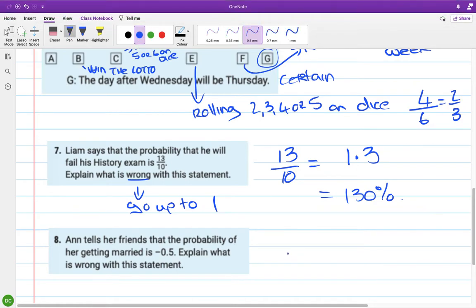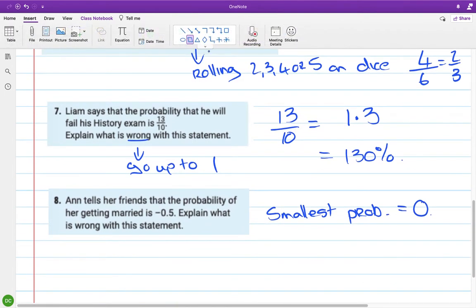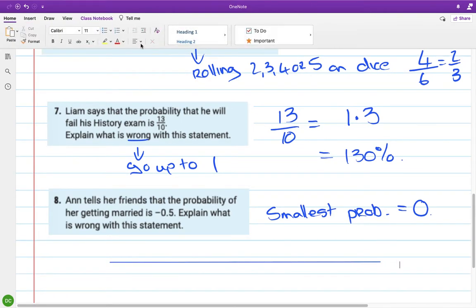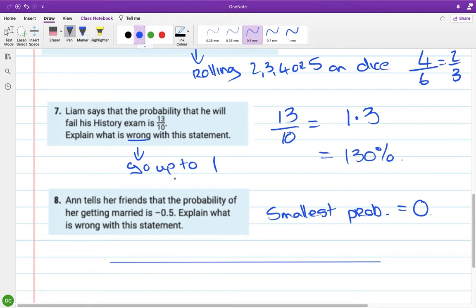Again, if something's impossible, the smallest probability is 0. If you look at a number line, let me just draw one here. So here's 0, and let's go 1, 2, and then on this side it would go -1, -2.